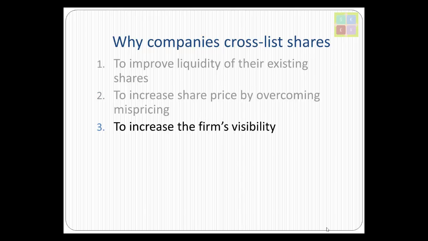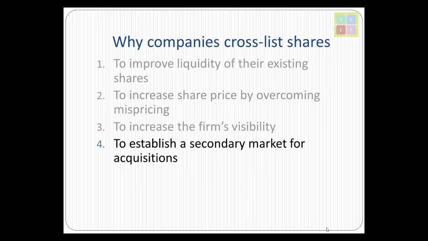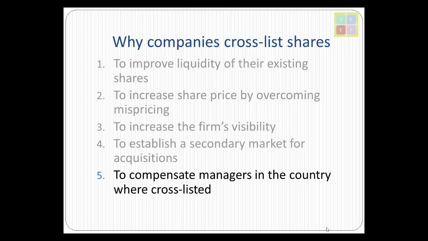It also increases the firm's visibility among its buyers, suppliers, and customers. The company can also use the ADRs for making acquisitions in the United States. Finally, the company can use the ADRs to provide managers in the United States an incentive for better performance.